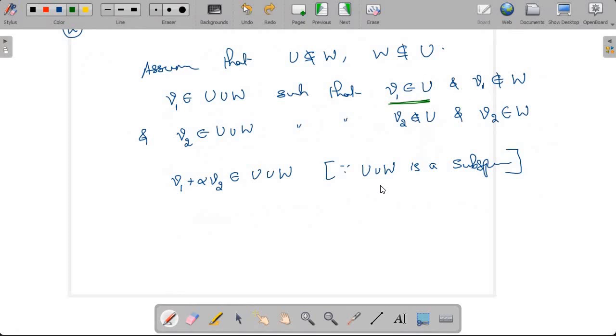Okay, so that is the strategy here. All right. So now here V1 plus alpha V2, this is an element of the union. It means either V1 plus alpha V2 belongs to U, or V1 plus alpha V2 is an element of W.